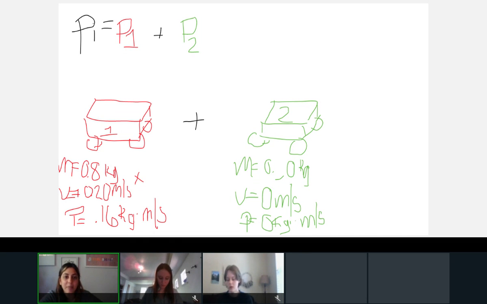So let's go back up to our initial momentum problem. Very quickly, hold on. We are going to put it into the place of our equation, right? So we've got 0.16 plus 0. So where is all of the momentum happening before the collision?